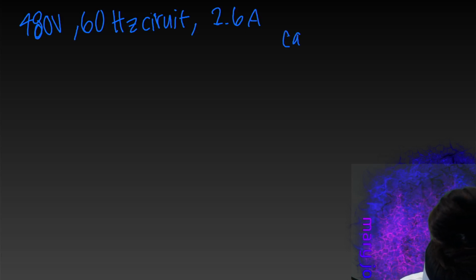So we're going to do another example. If a capacitor is connected into a 480 volt 60 hertz circuit, and you have 2.6 amps, what is the capacitance? So we're looking for capacitance, right?